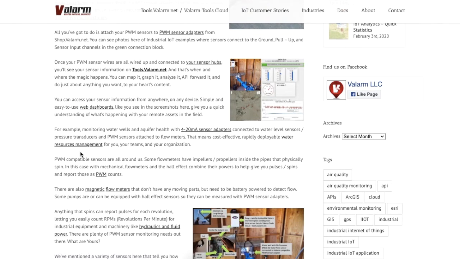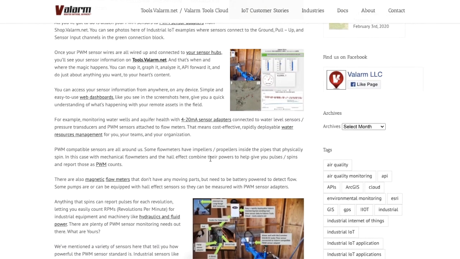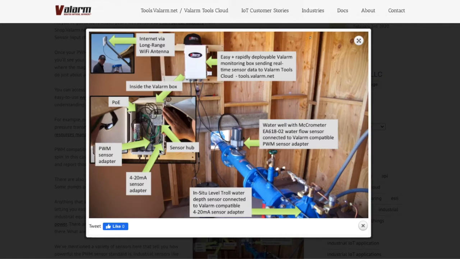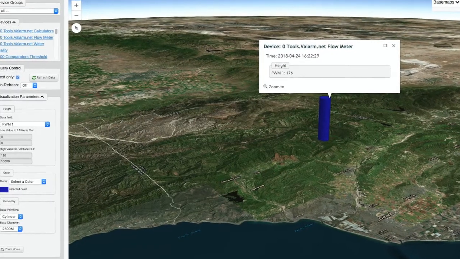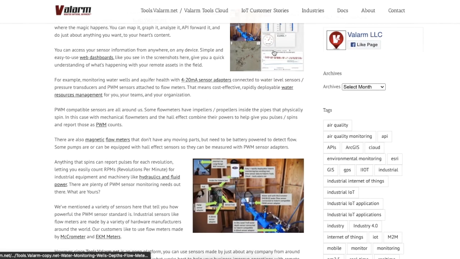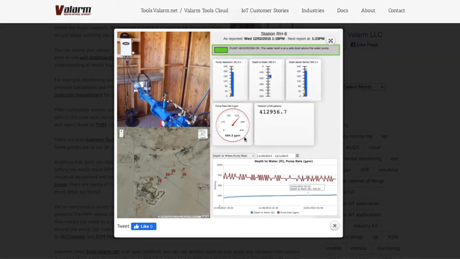Once your sensor wires are all wired up and connected to your sensor hubs, you'll see your sensor information on tools.valarm.net. And that's when and where the magic happens. You can map it, graph it, analyze it, API forward it, do just about anything you want to your heart's content.